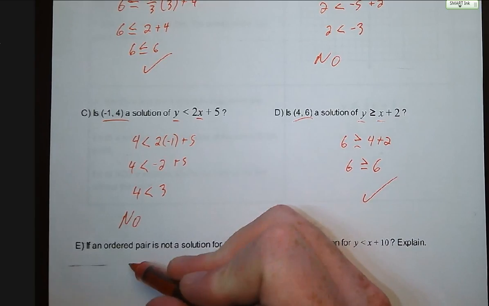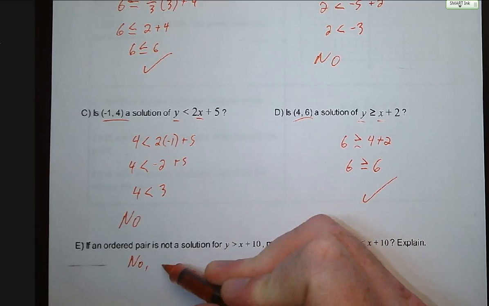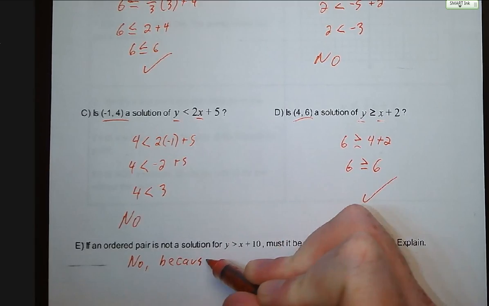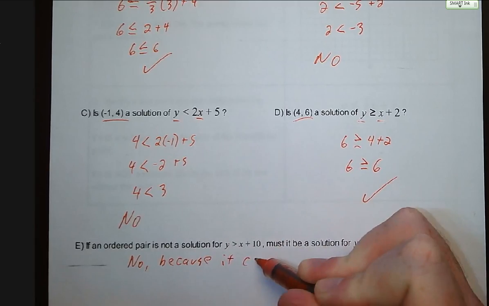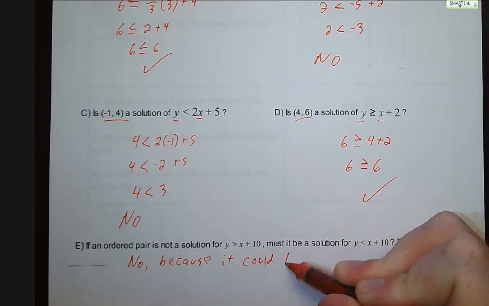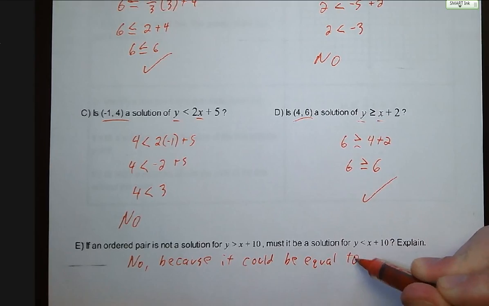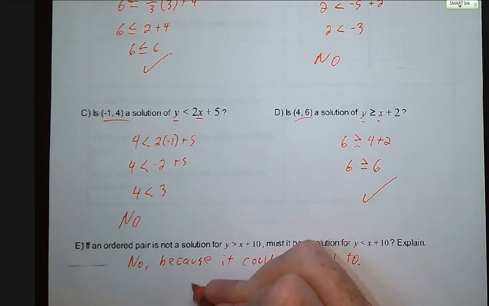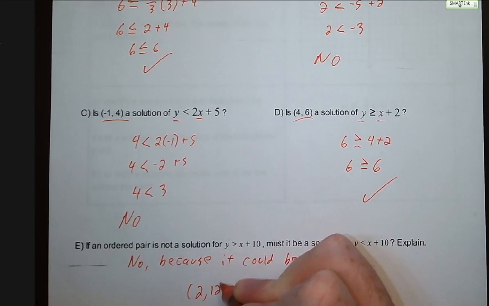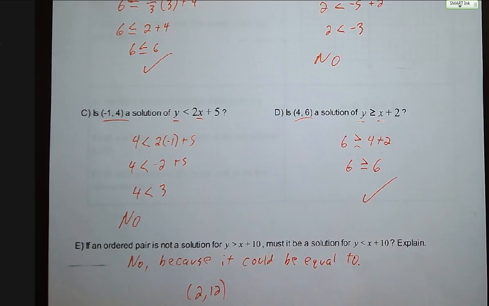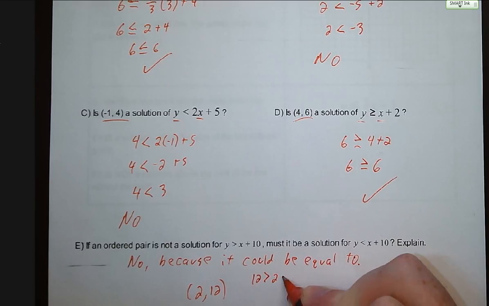Well, no, because it could be equal to. So we have an example. I have the coordinates 2, 12, and we're going to use that equation. So if I plug in 12 is greater than 2 plus 10, well, 12 is not greater than 12.